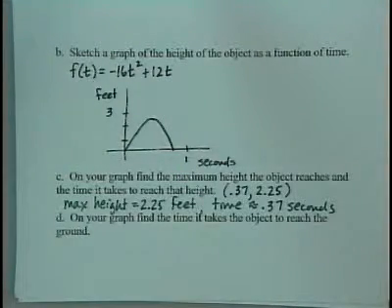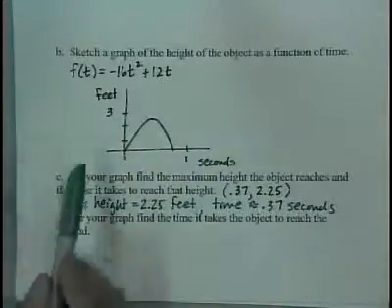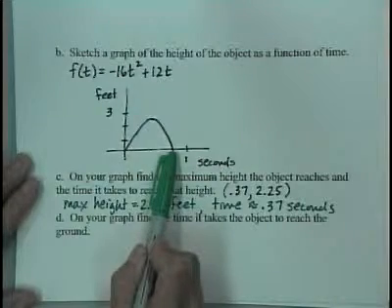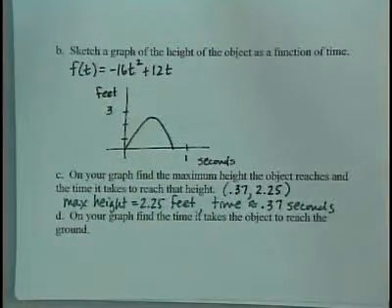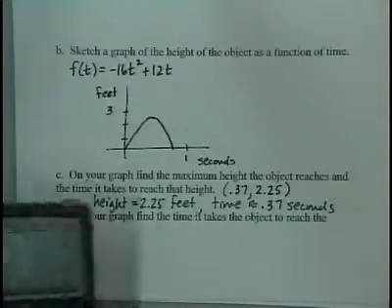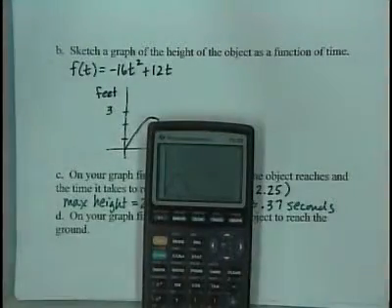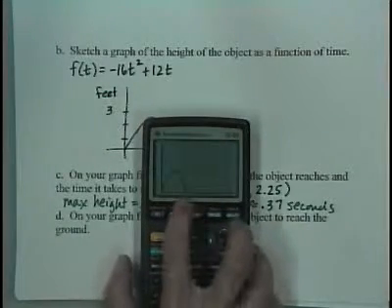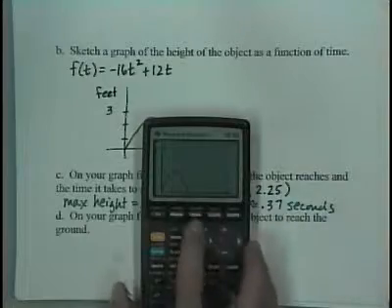Now on our graph, we want to find the time it takes for the object to reach the ground. Now, if you look at the graph we've sketched, that point is where it hits the horizontal axis. So let's go back to our graph on our graphing calculator, and let's use our zoom in option to find the point where the graph hits the horizontal axis.